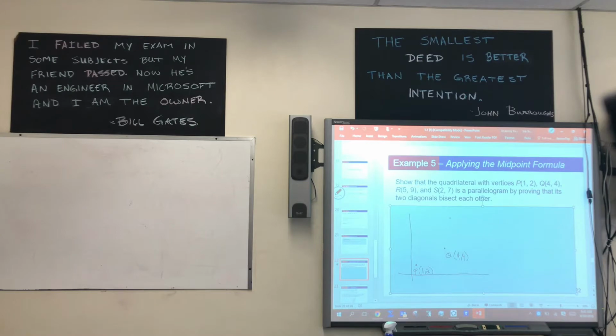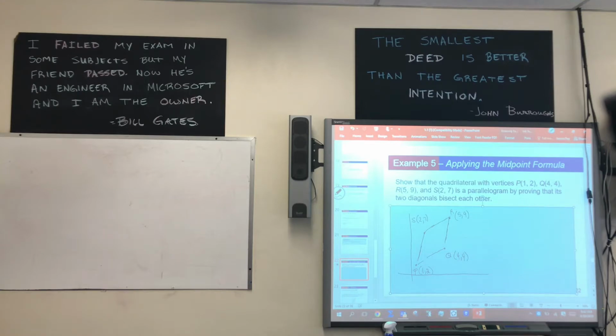So that might be up here. And then S is at 2, 7. So maybe S is there. All right, that's your quadrilateral.